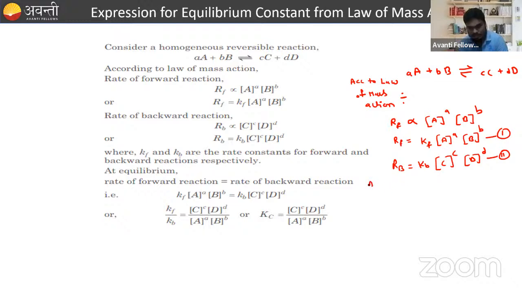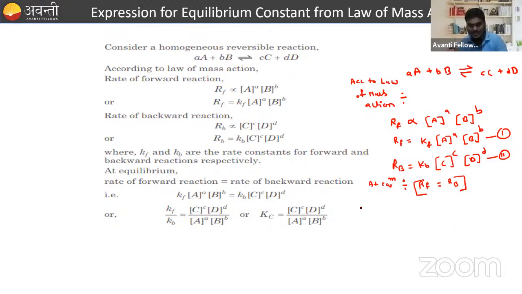Now, at equilibrium, we know that the rate of forward reaction is equal to the rate of backward reaction. At equilibrium, the rate of forward reaction becomes equal to the rate of backward reaction.